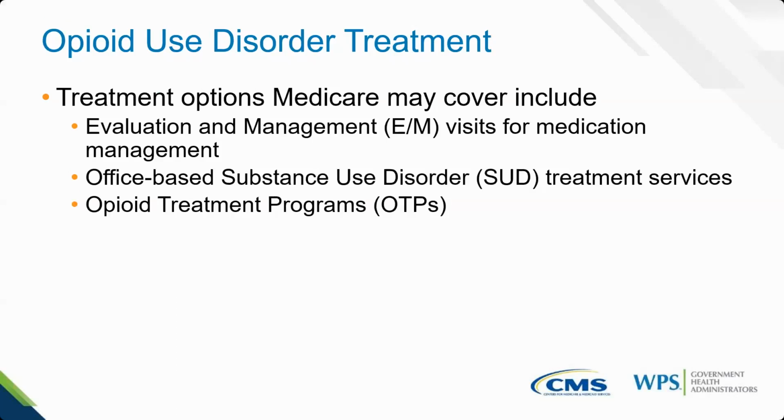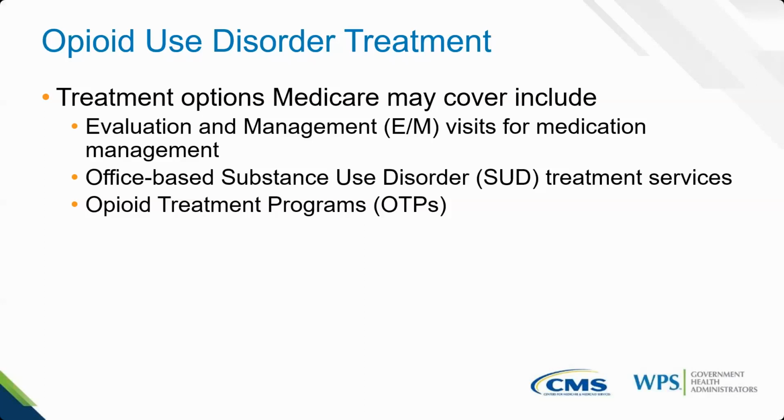So first would be evaluation and management visits for medication management. A little background on what evaluation and management, or E&M, visits include. These are CPT codes 99202 to 99499 that represent visits and services involving the evaluation and management of a person's health.